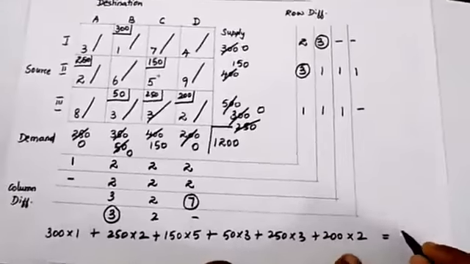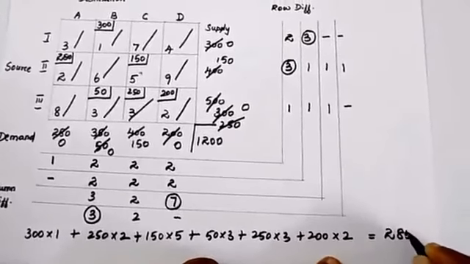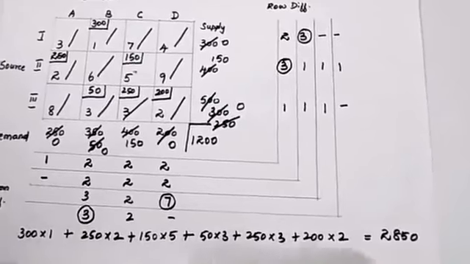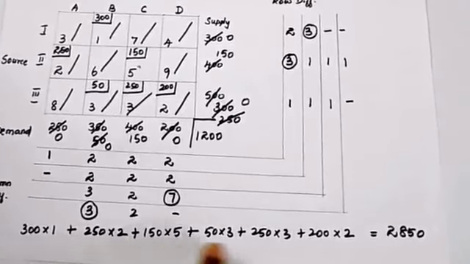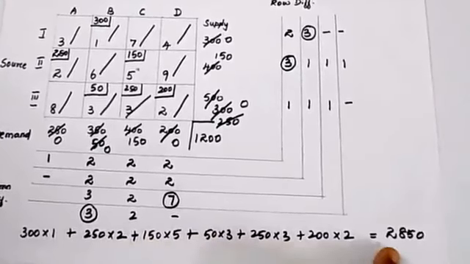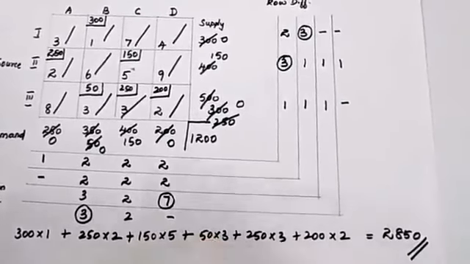The solution is 2850. The total cost of the solution is obtained by adding the products of cost of transportation. Thank you.